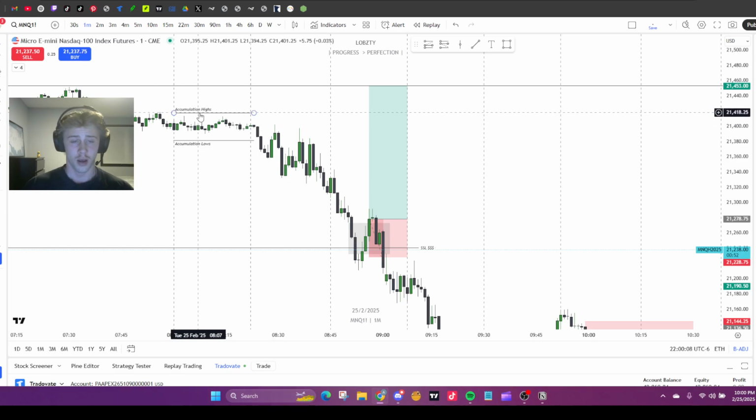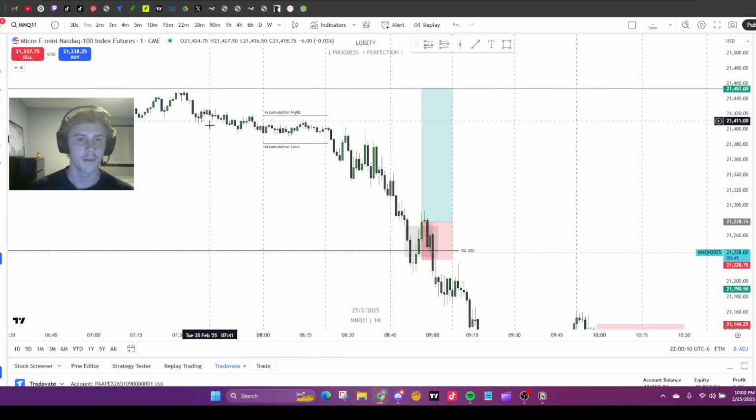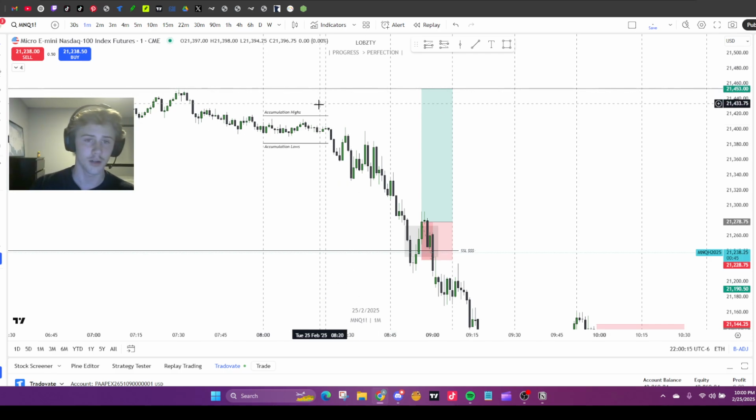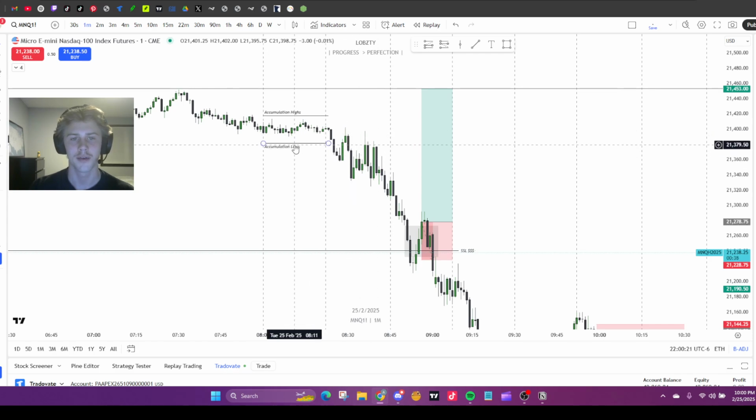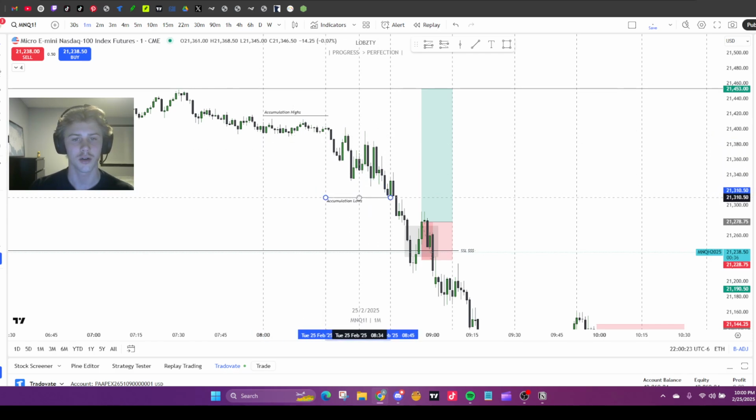So right away at the 9 a.m. 90-minute cycle, I thought this was accumulation, and I saw our quarter two kind of just chop around a lot, so that made me think that this is actually our quarter two accumulation.